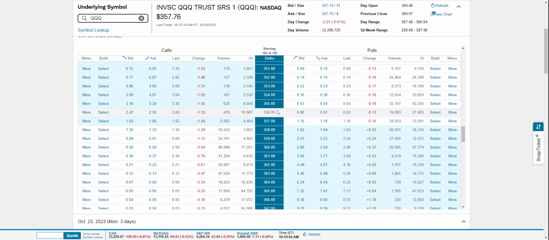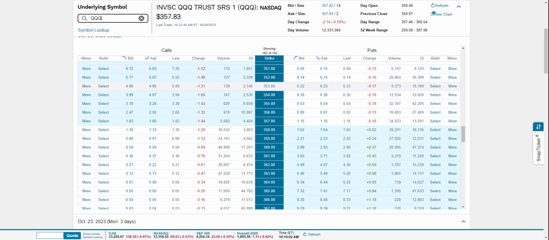Now on the put side, if you buy a put with the strike price of 356, you have the right to sell, not to buy, you have the right to sell QQQ, the stock, at 356. So you want the stock to go as low as possible.